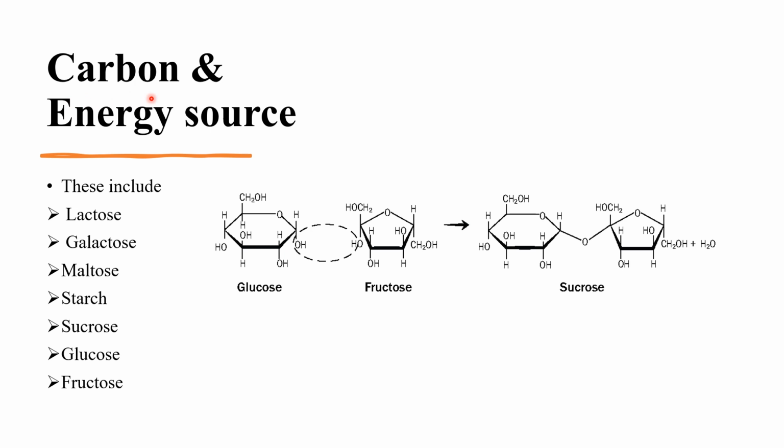I'll discuss the carbon and different energy sources. These include lactose, galactose, maltose, starch, sucrose, glucose, and fructose. In plant cell culture medium, sucrose is frequently used as a carbon source at a concentration of 2 to 5%.